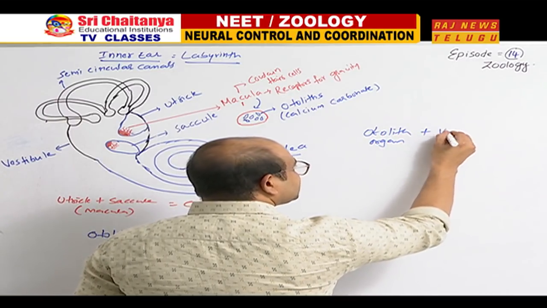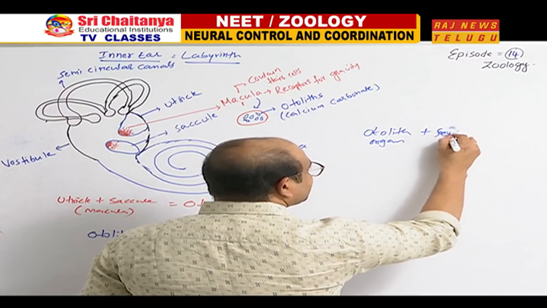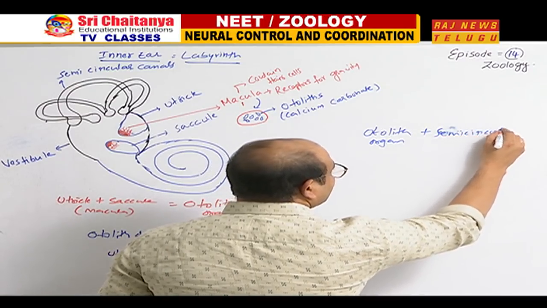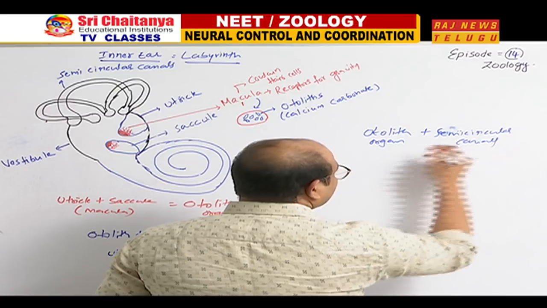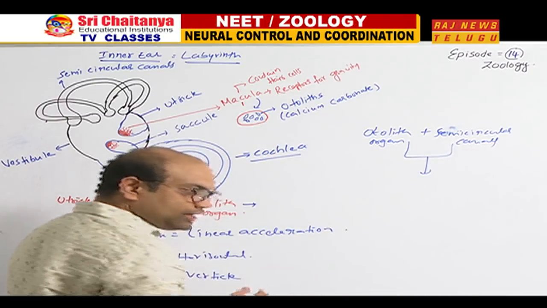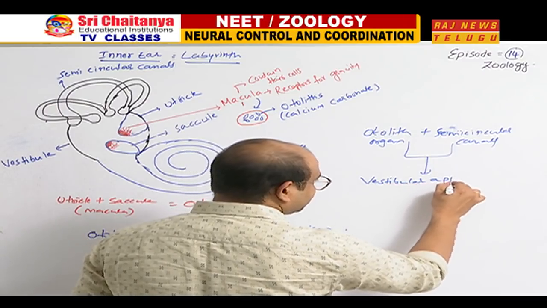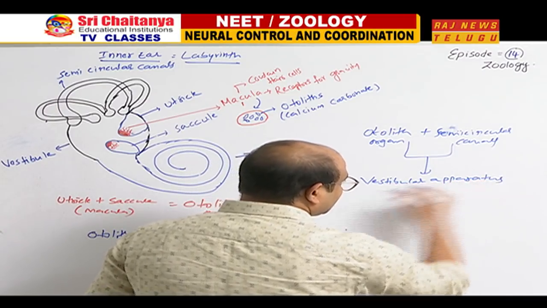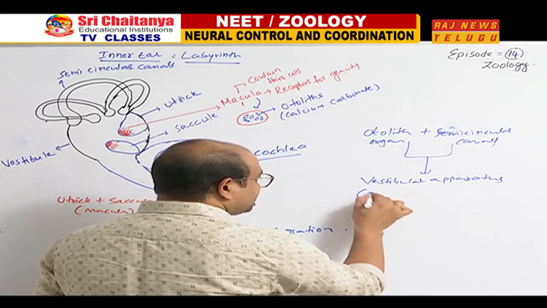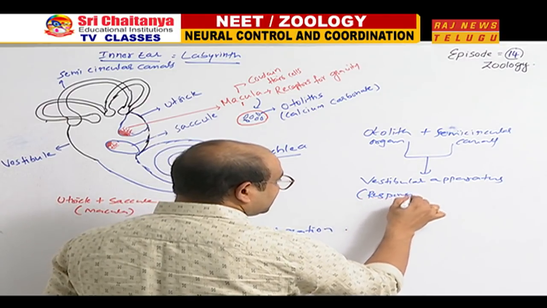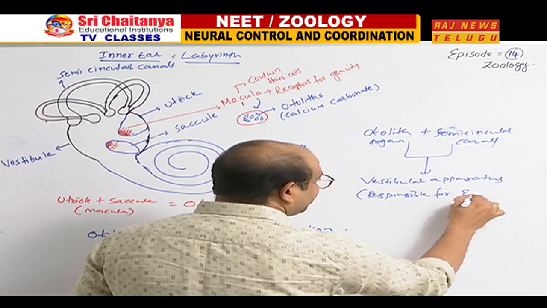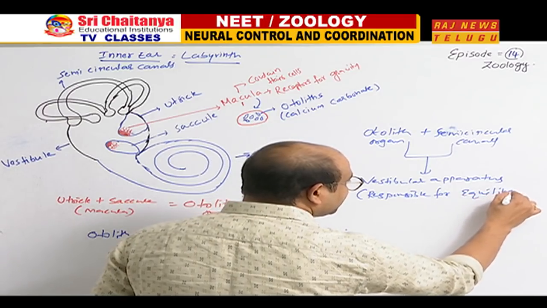Otolith plus semicircular canals together are known as vestibular apparatus, and this vestibular apparatus is responsible for equilibrium.